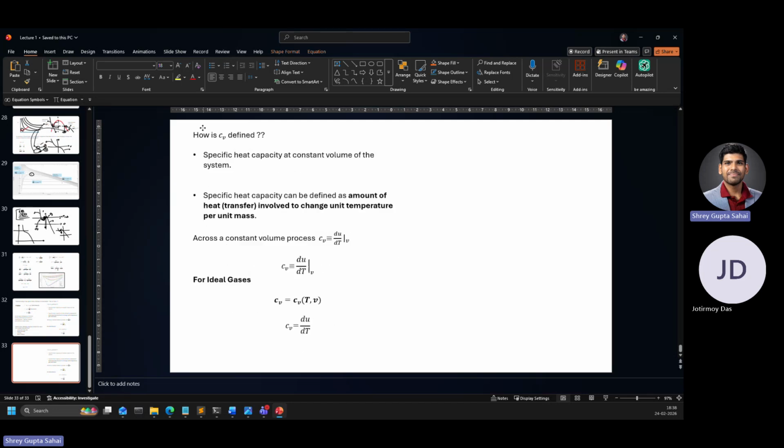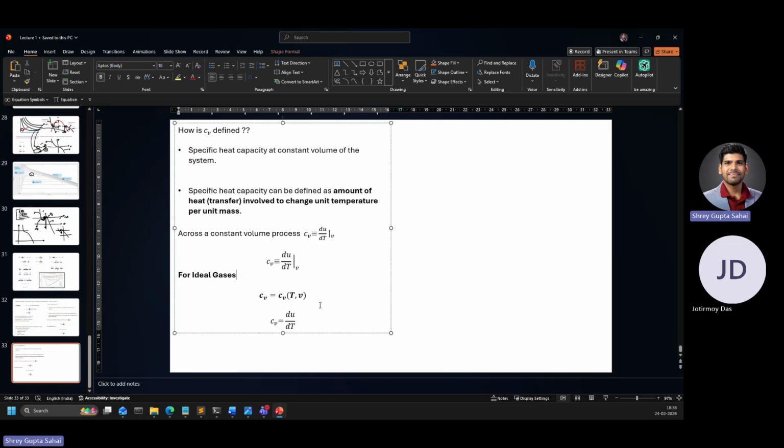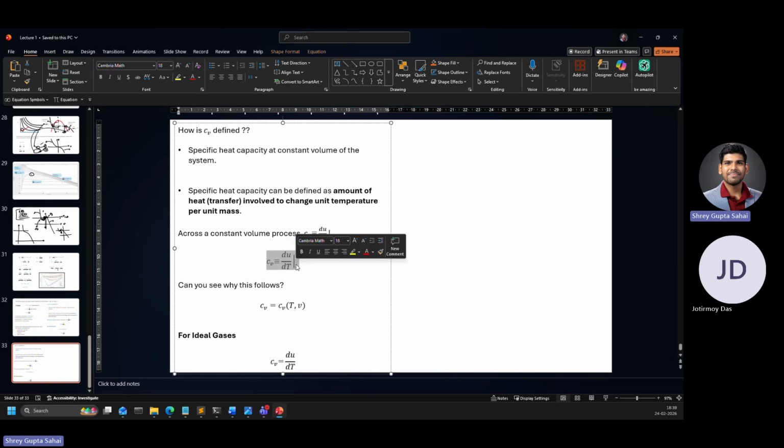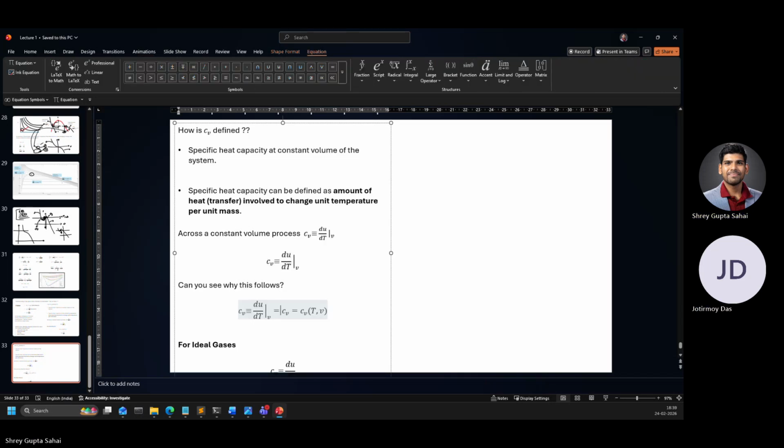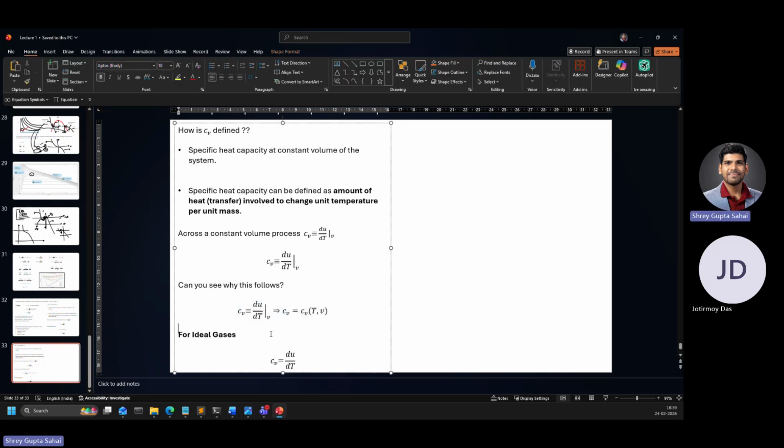Continue my discussion. Let's forget for some time that we are discussing anything on ideal gas. Can you see why this follows? What I mean is, from this equation, can you understand this statement?